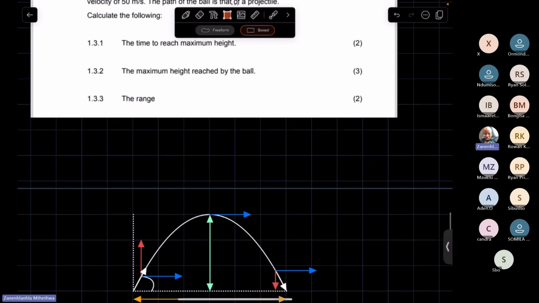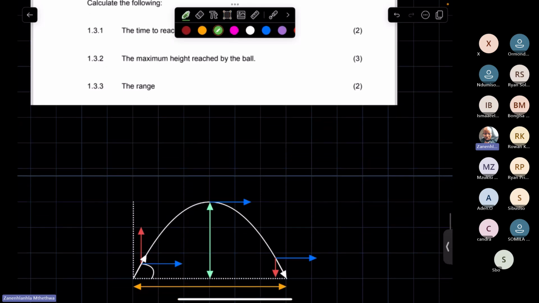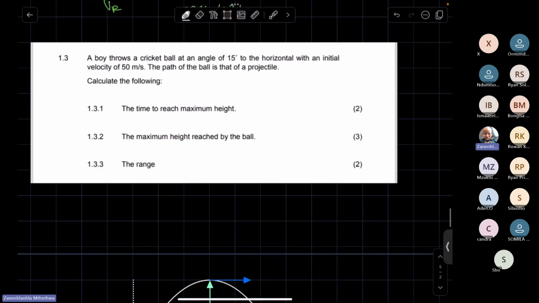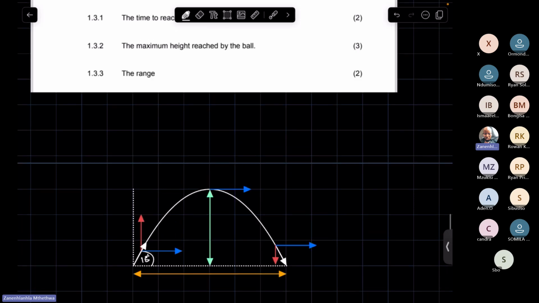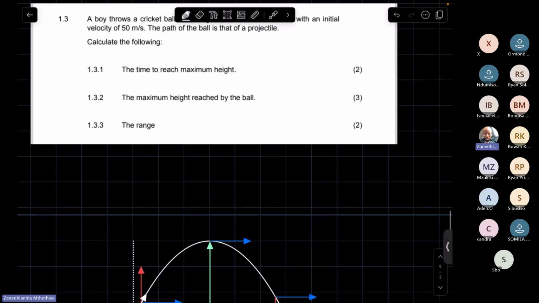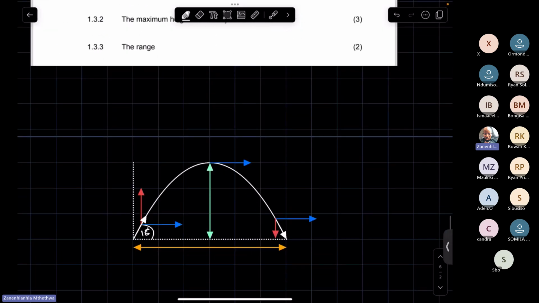So this angle is 15 degrees, with an initial velocity of 50 meters per second.